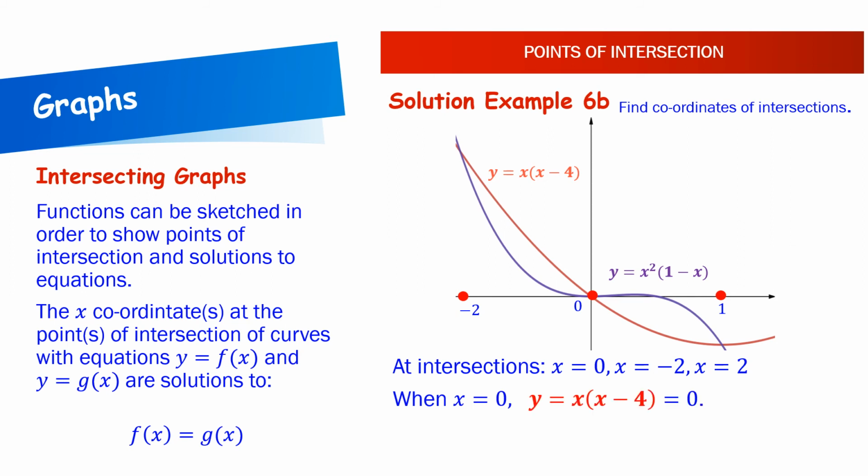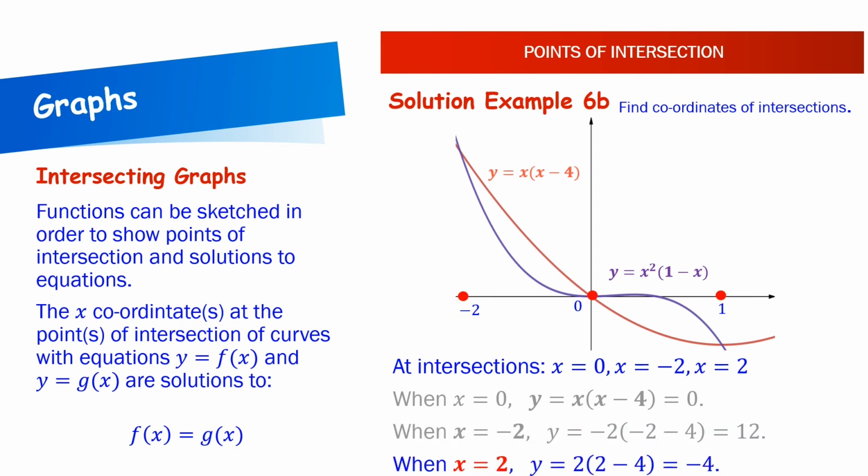Now when x equals 0, we have that y equals x times x minus 4 equals 0. And when x equals minus 2, we have that y is equal to 12. We've simply substituted into one of the equations.